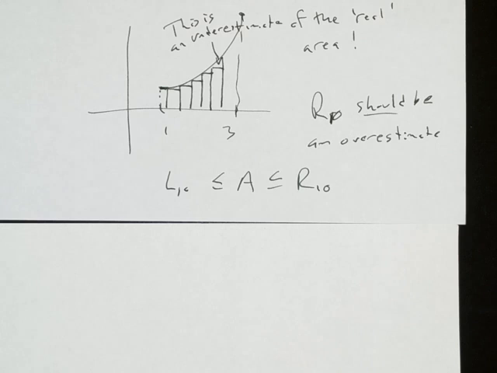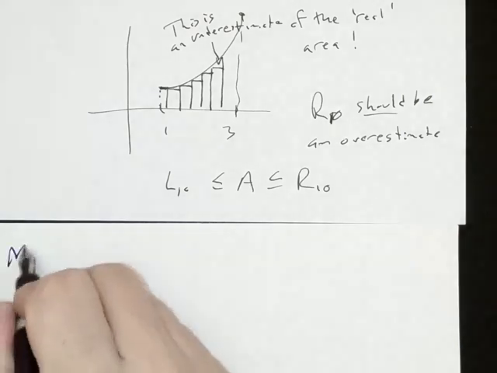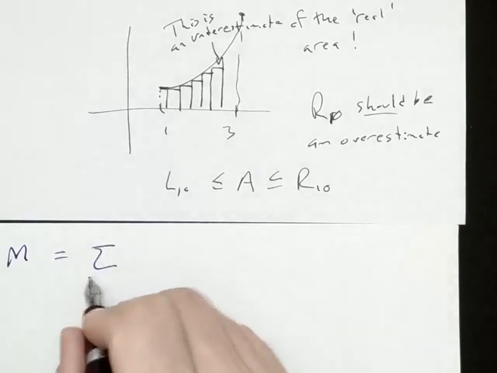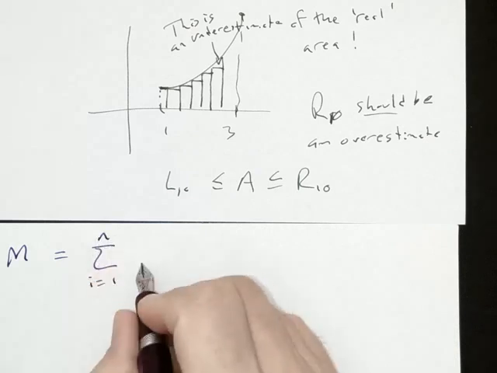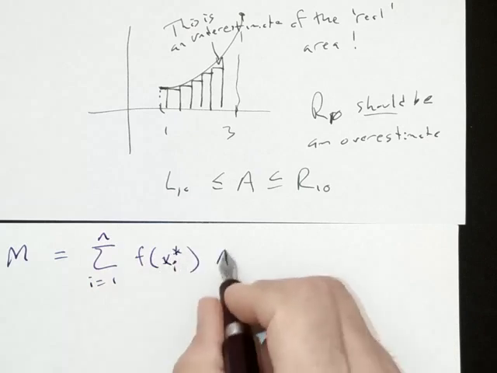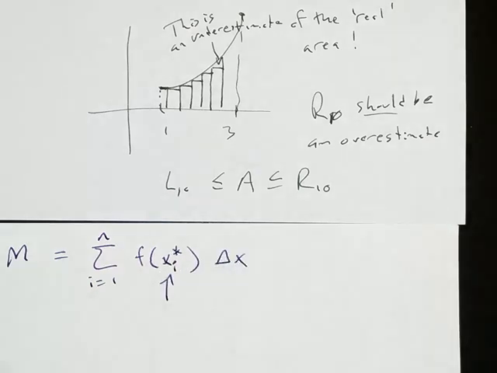I could do the midpoint, right? Halfway between the low and the high. Well, technically halfway between the low and the high in x would be the middle. But let's take a look at what that looks like. The midpoint sum. I didn't actually write xi or xi minus 1.